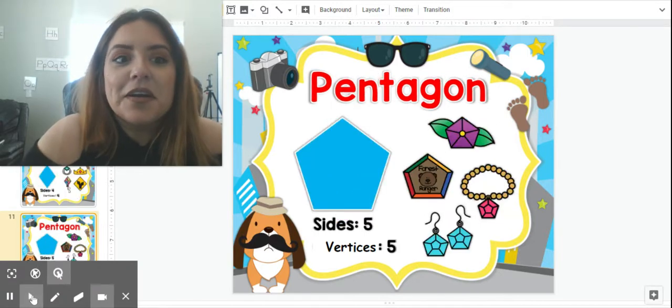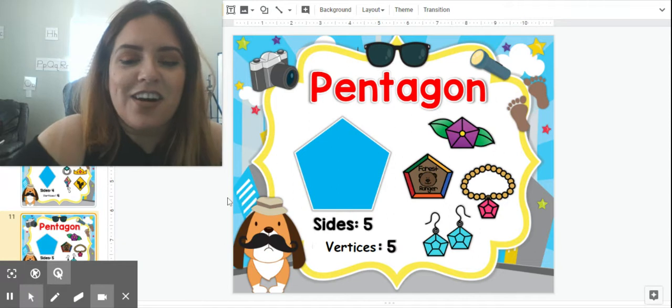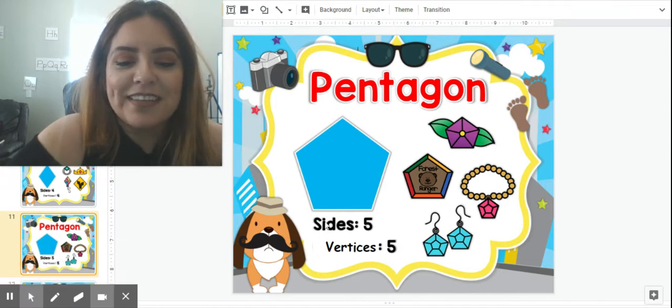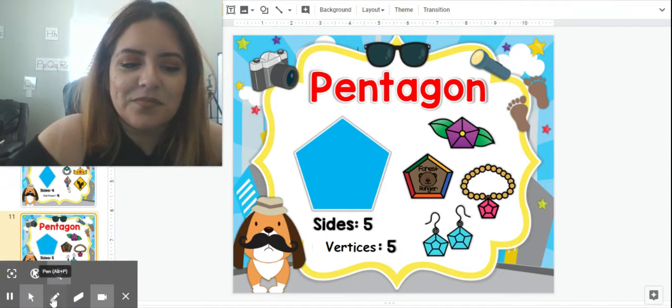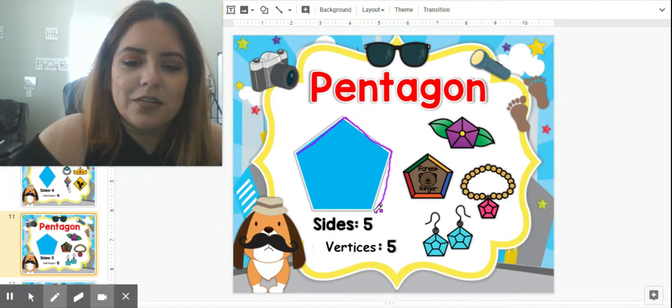Okay. Our next one is a pentagon. Pentagon has 5 sides, 5 straight lines, 5 sides. 1, 2, 3, 4, 5.